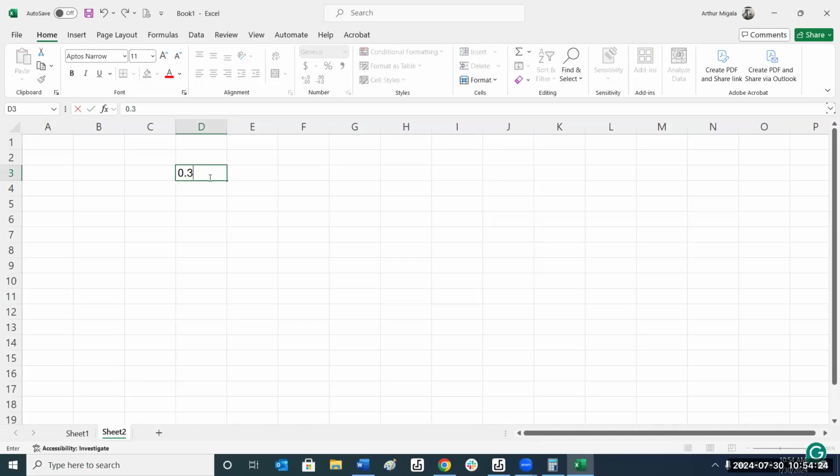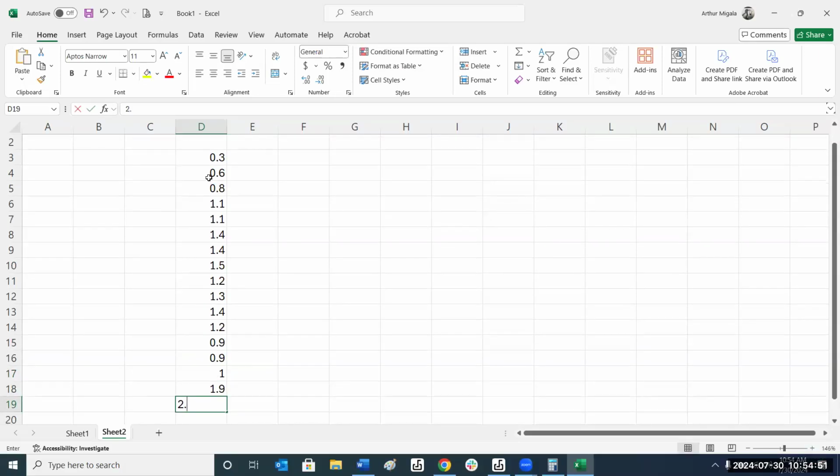So our data is 0.3, 0.6, 0.8, 1.1, 1.1, 0.4, 1.4, 1.5, 1.2, 1.3. Let me see here.